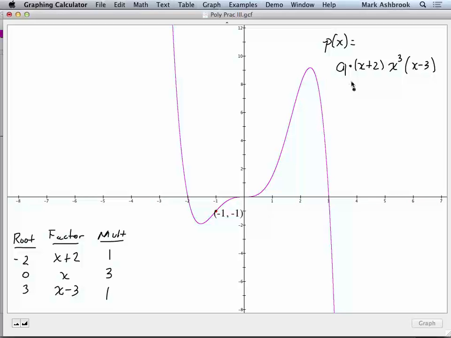And then how are we going to find this specific value of A? So, Austin, how are we going to get this specific polynomial, or in other words, what is that value of A?